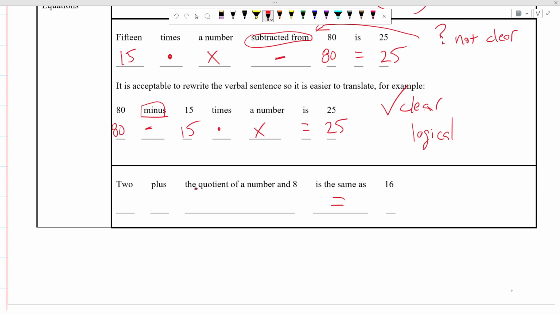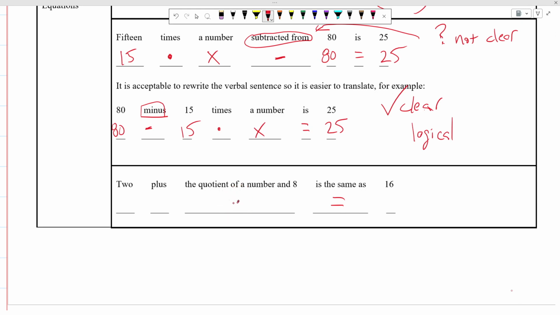Let me think about this for a second. The quotient of a number and 8. Well, quotient would indicate some sort of division, right? We represent division with some sort of number over a number, sort of like this, like a line and two numbers arranged in that way.